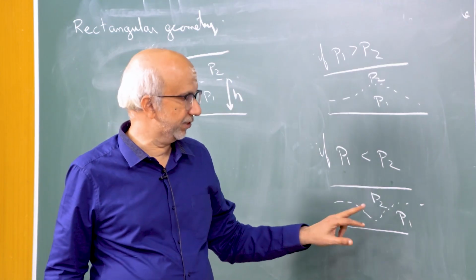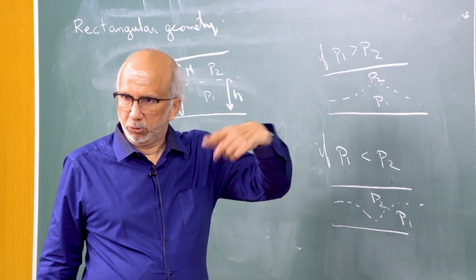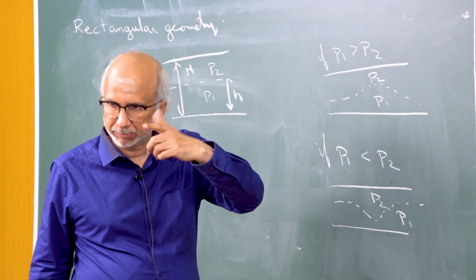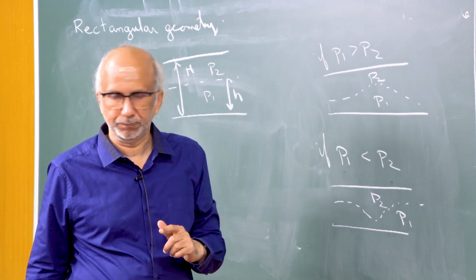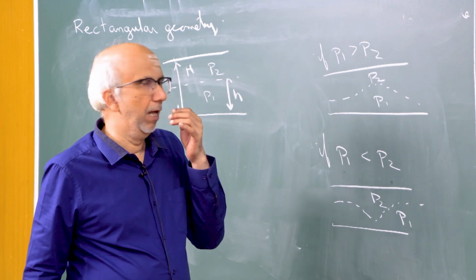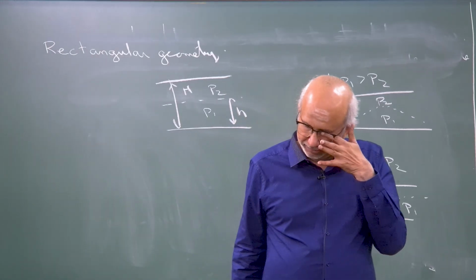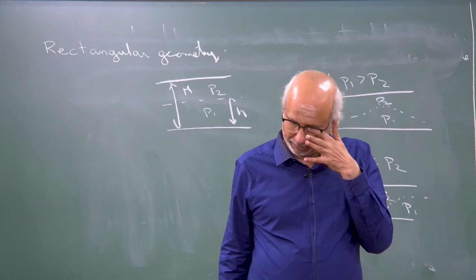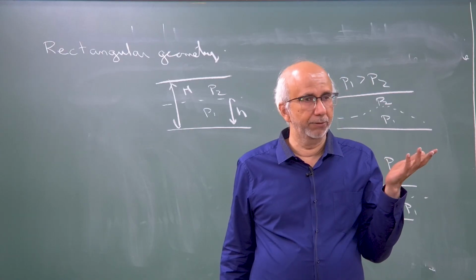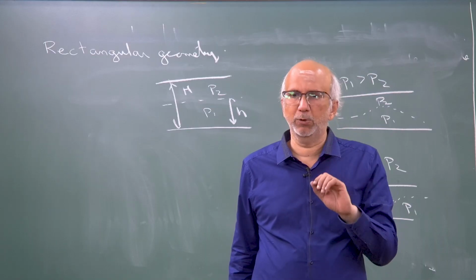So, pressure difference will induce a curvature, or if there is a curvature, you will have a pressure difference which is balanced by the surface tension. That is the point I am trying to make here. While you look at the cylindrical and rectangular geometry and say they are very similar, there are subtle differences which you need to understand.